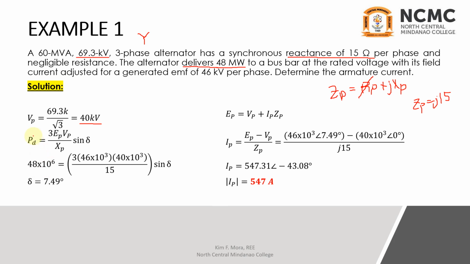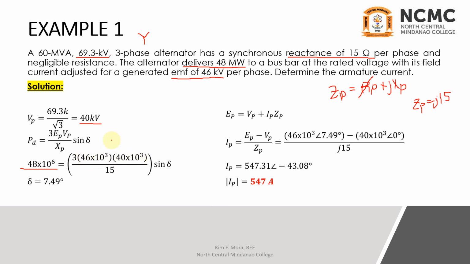Since the power delivered is given, that is 48 megawatts, and mega means times 10 to the power of 6, we equate it to this. Next, we have 3, then EP. We are also given EP, or the induced EMF, which is 46 kilovolts, so 46 times 10 to the power of 3.